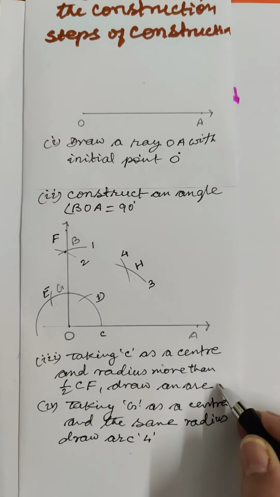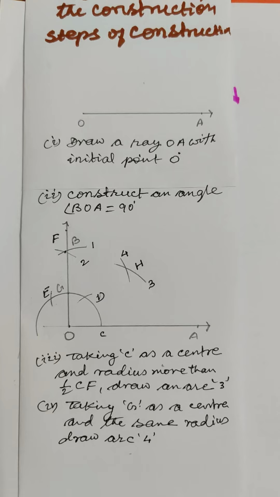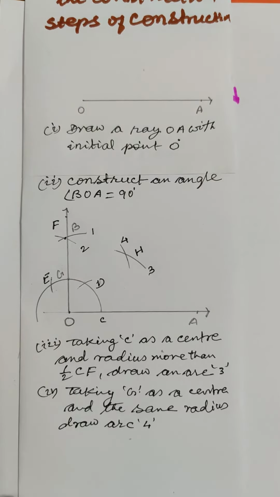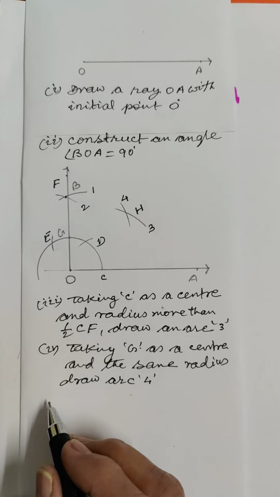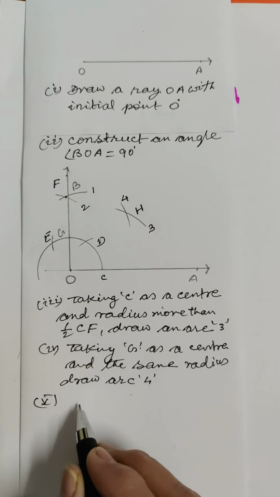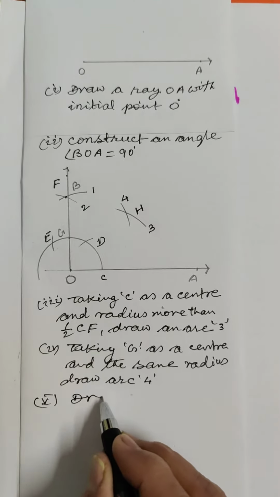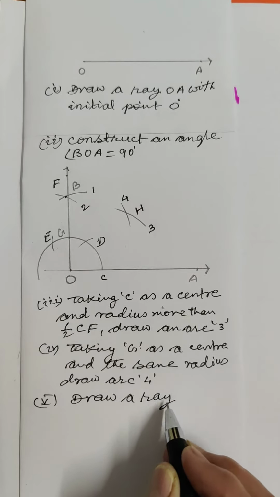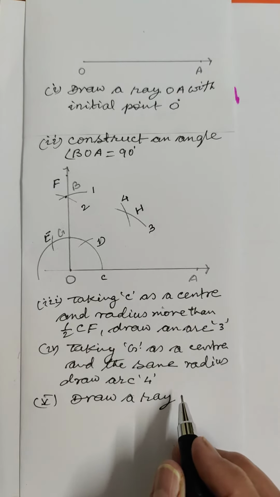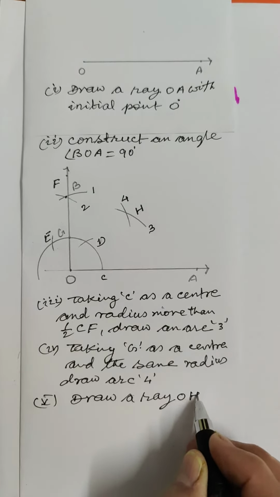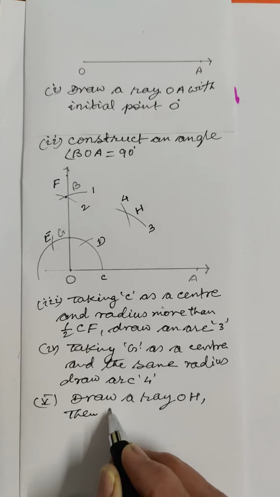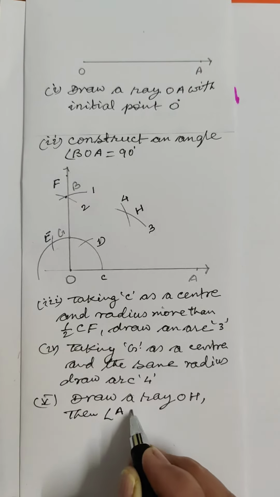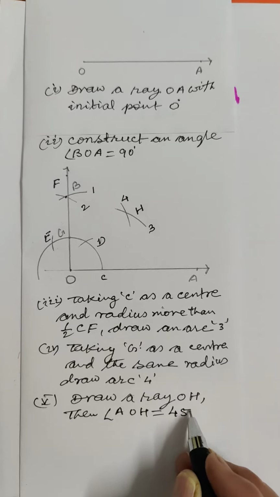Arc 3 and arc 4 are intersecting at H. So fifth step, draw a ray OH, then angle AOH is equal to 45 degree.